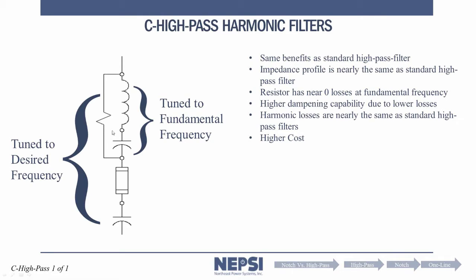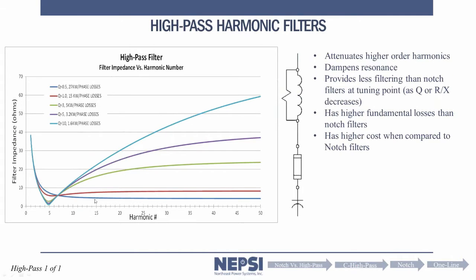So a C high pass filter is very effective at reducing 60 Hertz losses, and by doing that, we can decrease the value of R here, and in effect move towards one of these other curves where we have a much broader spectrum of filtering.